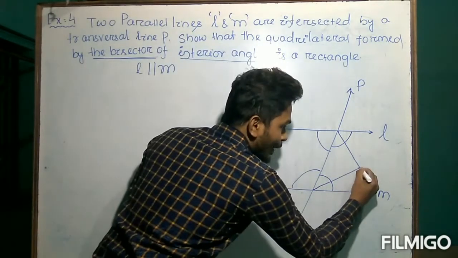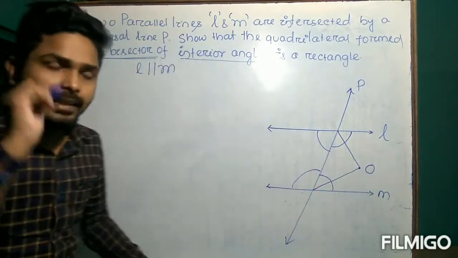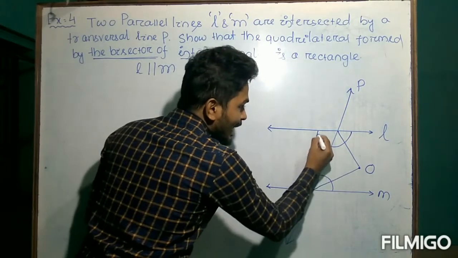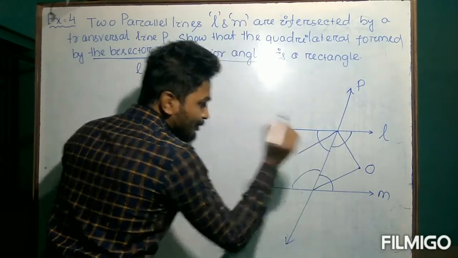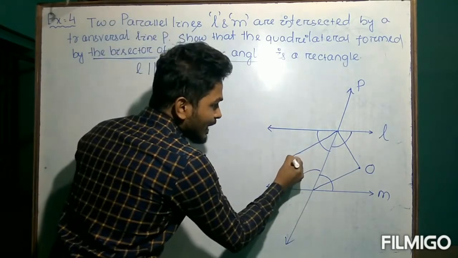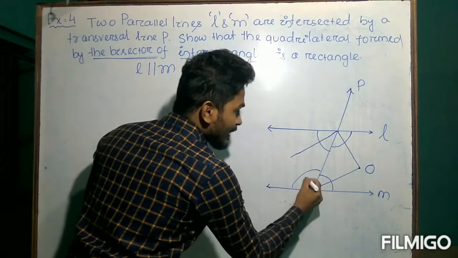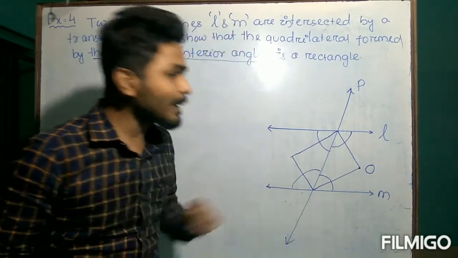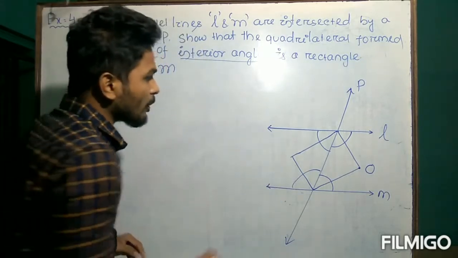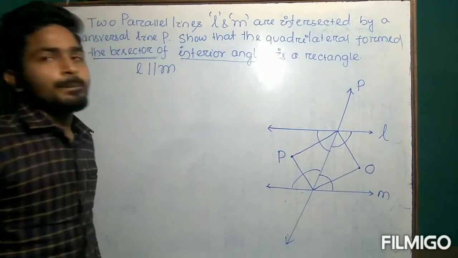Suppose this point is O. Similarly, if we draw the angle bisectors of the other two angles, they meet each other at a common point. Let's say this point is P.